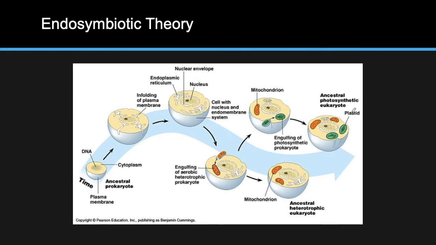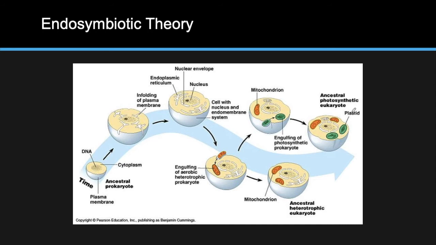So, if a prokaryote cell had developed photosynthesis, was taken in by a larger cell and was allowed to survive, grow, and divide, it could have developed into the chloroplast of photosynthetic eukaryotes.